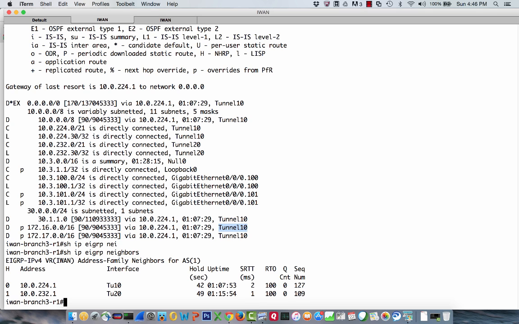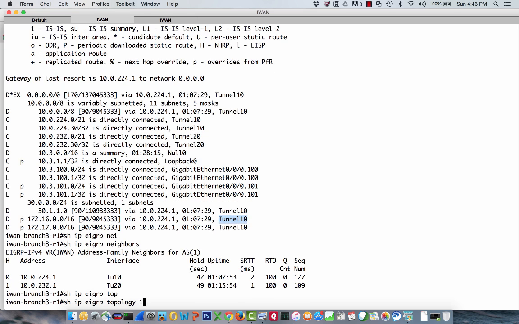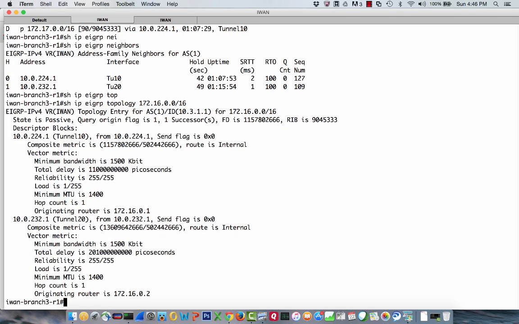We also have an EIGRP neighbor over on 10.0.232.1 on tunnel 20. If we were to do an IP EIGRP topo table, 172.16.0.0/16, what we would actually see is that yes, we as branch 3 are getting an advertisement over the ISP link over tunnel 20 from 10.0.232.1 on how to get to the hub prefix 172.16.0.0/16.